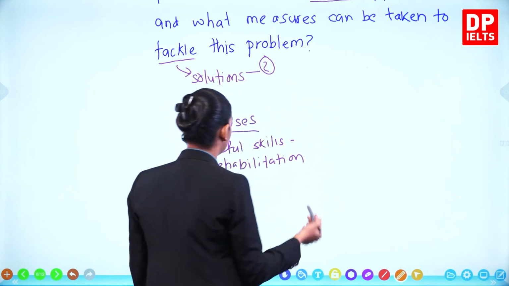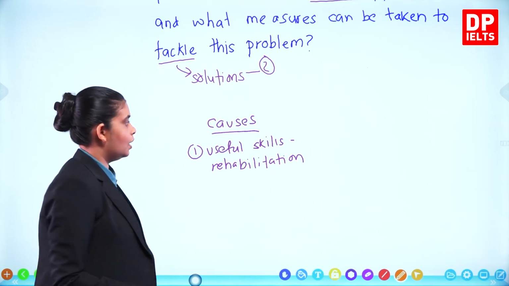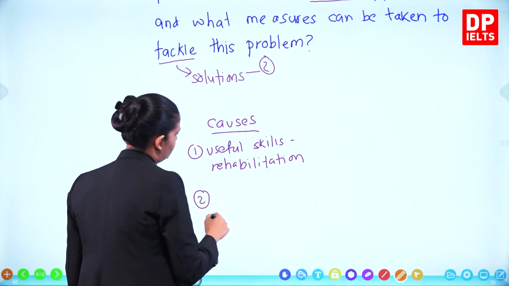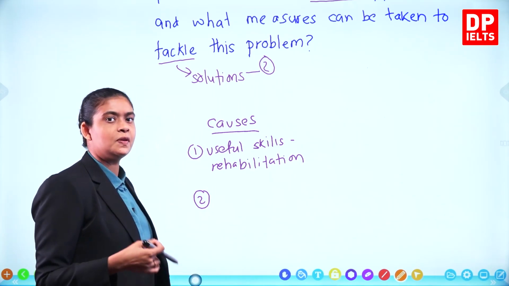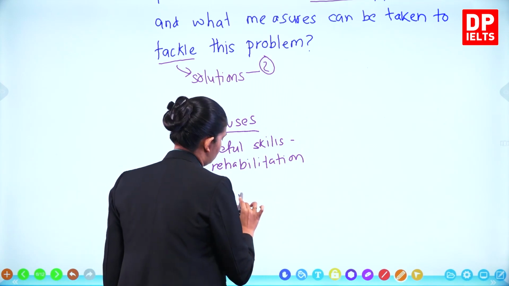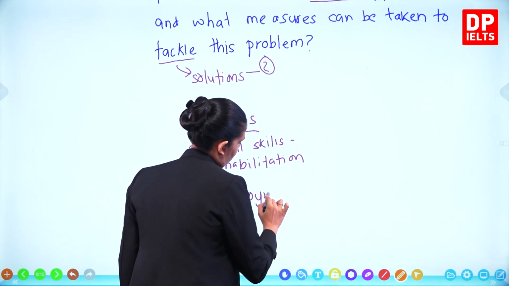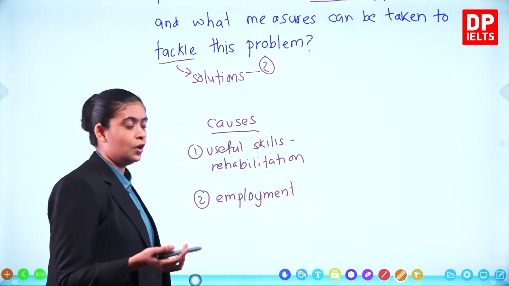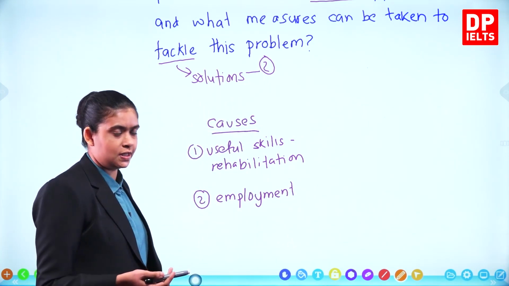So, that could be one problem. One cause. And another cause as to why this would happen is because maybe they find it difficult to find employment opportunities. Because people would say, oh, you've done this offense, so we don't want to take you. So, these could be some of the causes.